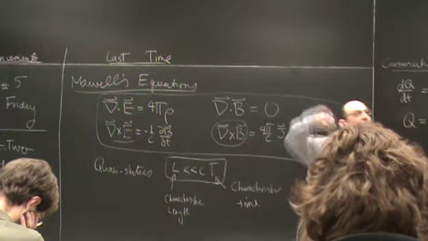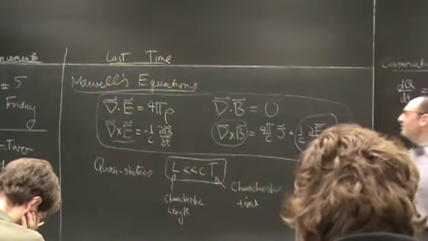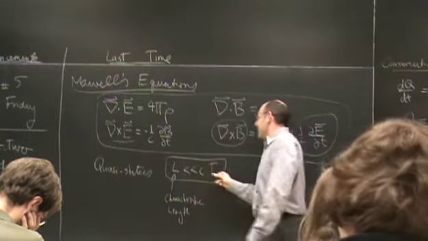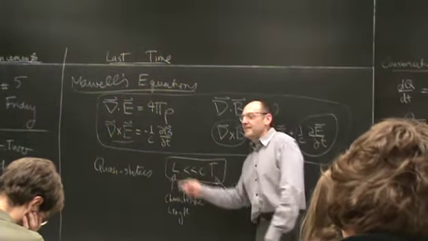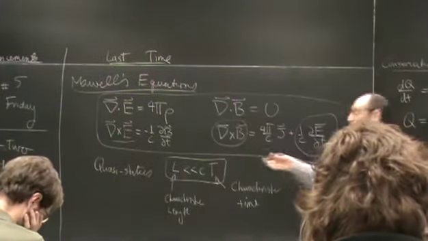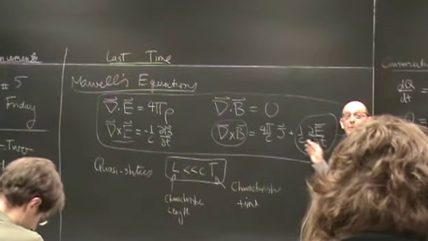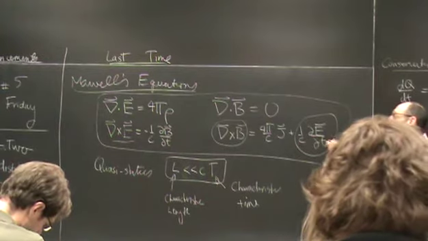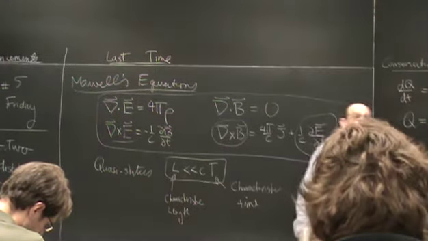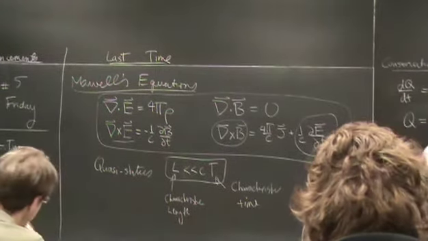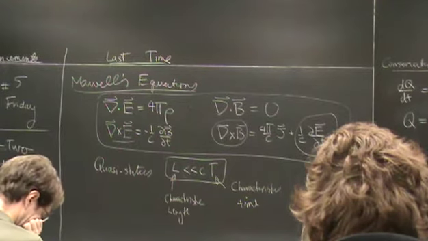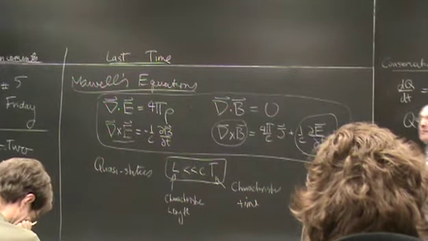Ultimately, if we're far enough away from wherever the sources are, such that c times that time is equal to L, well then it's no longer appropriate to neglect either one of these terms. We must include both. And we know that that is the regime in which electromagnetic waves are important.